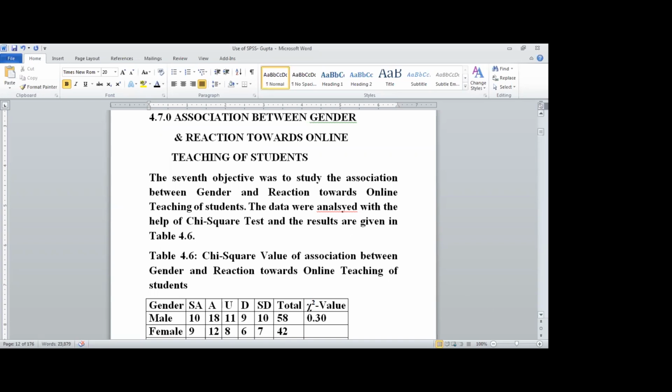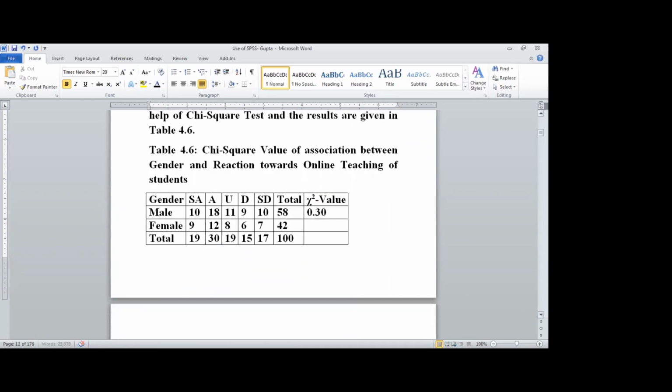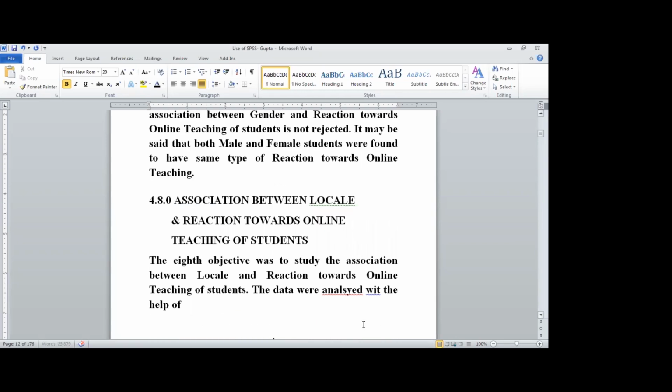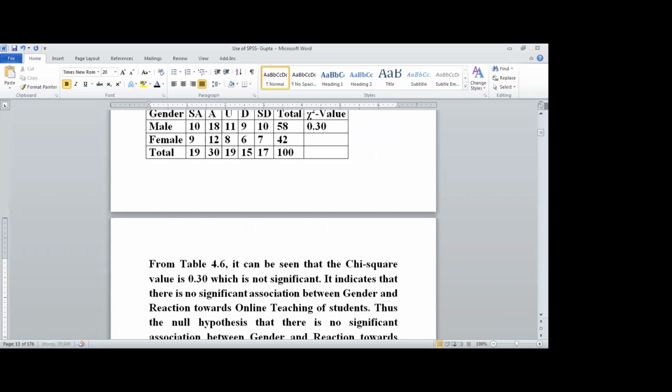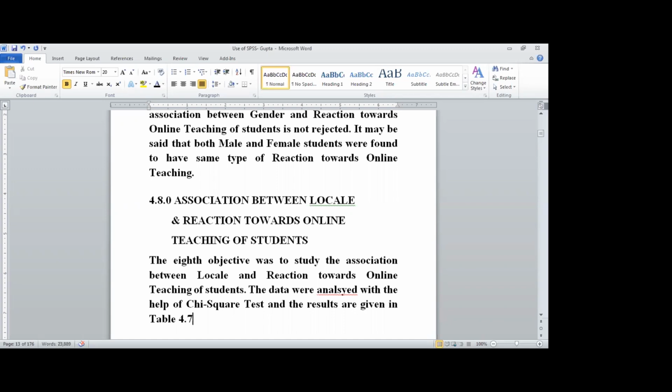So now here I am writing: the data were analyzed with the help of chi-square test and the results are given in table 4.7.